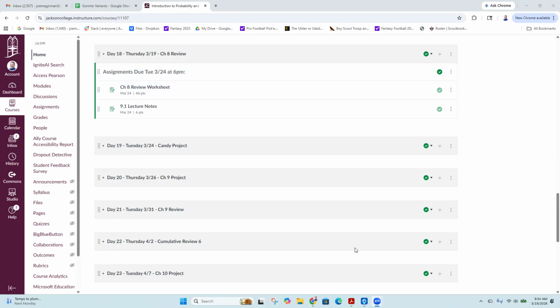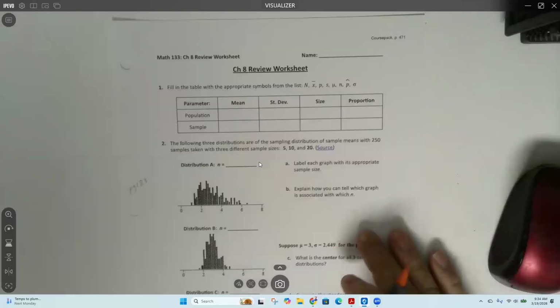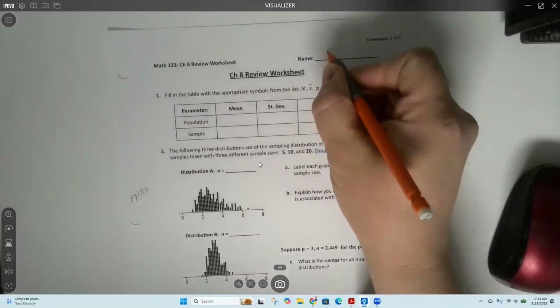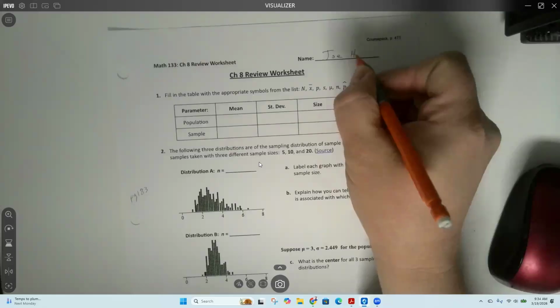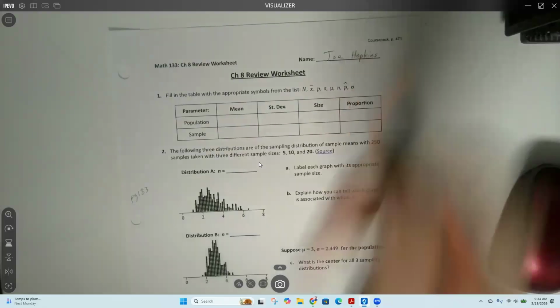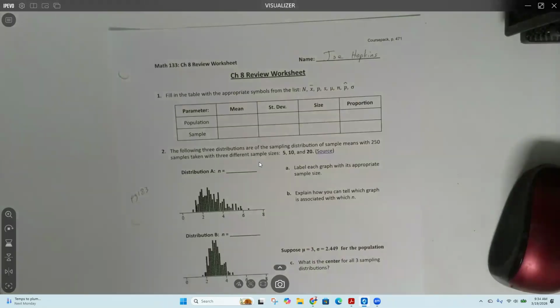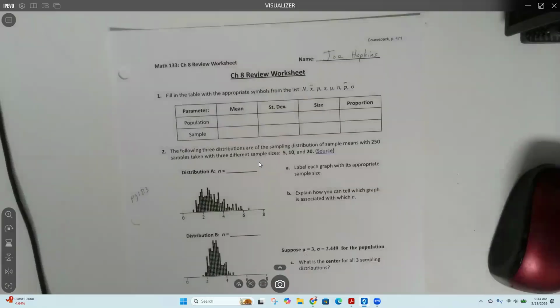But for today, we are going to be starting on page 471 in your course pack for the Chapter 8 review. Just like with our other worksheets, I'm going to give you some hints. The hints will be a little sparse today, I think, because Chapter 8 doesn't have a ton of exercises. Chapter 8 is about the central limit theorem.